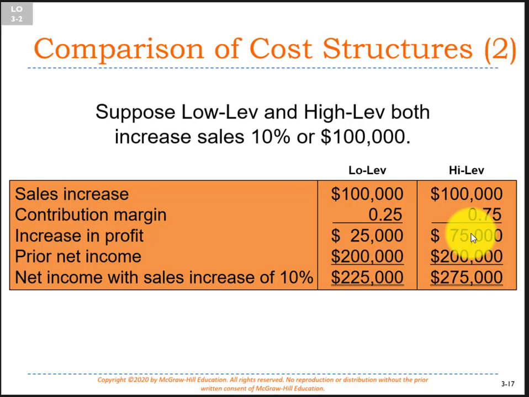Much more leverage, much more increase in profit, especially compared to where we were already. So that's what high leverage does for you. It makes it so that it's harder to get to break even, but it has greater profit potential once you get to break even.